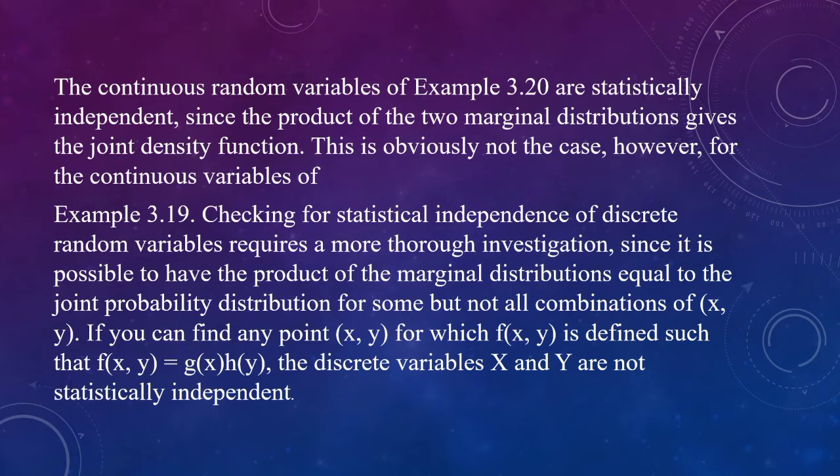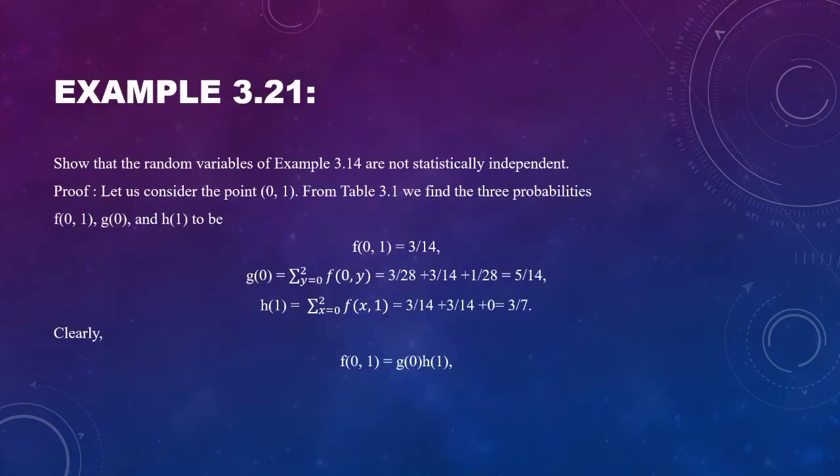Checking for statistical independence of discrete random variables requires more thorough investigation, since it is possible to have the product of marginal distributions equal to the joint probability distribution for some, but not all, combinations of x and y. If you can find any point (x,y) for which f(x,y) is not equal to g(x) times h(y), the discrete variables x and y are not statistically independent.